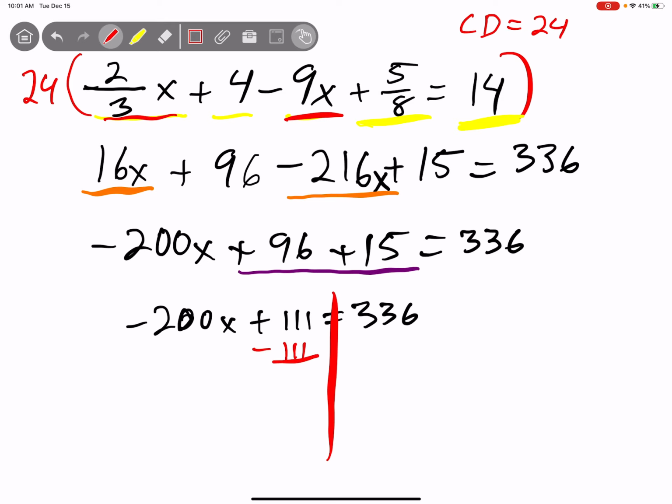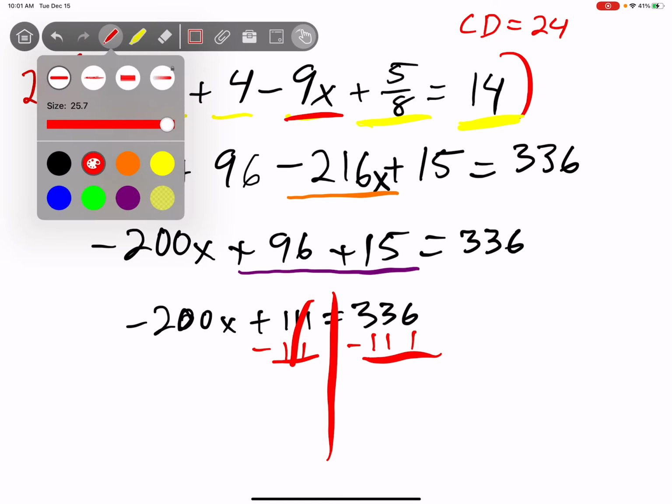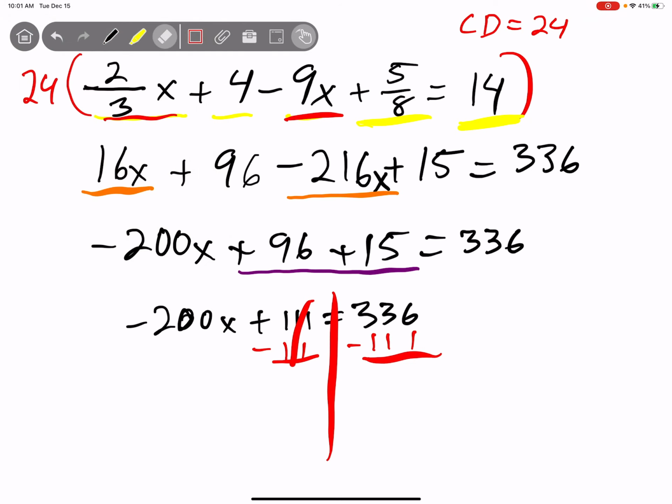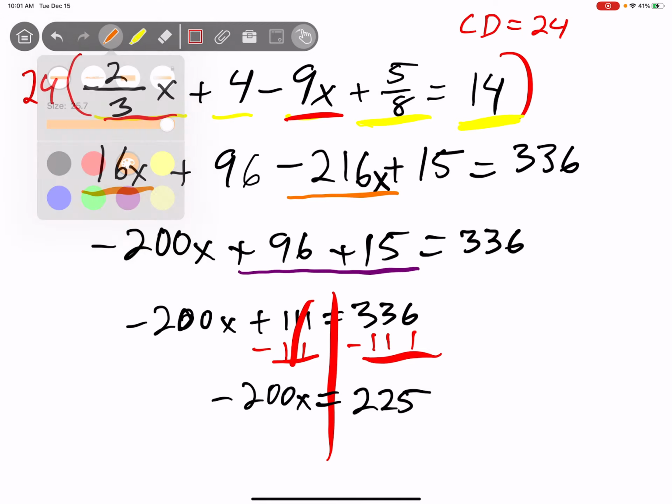Subtract 111, subtract 111. These cancel out. I get negative 200x equals 225. And then I just divide both sides by negative 200.